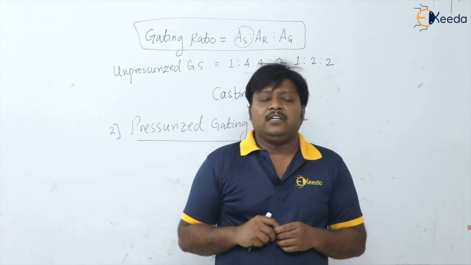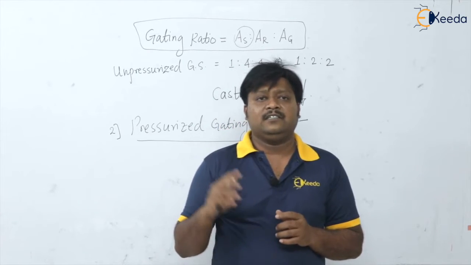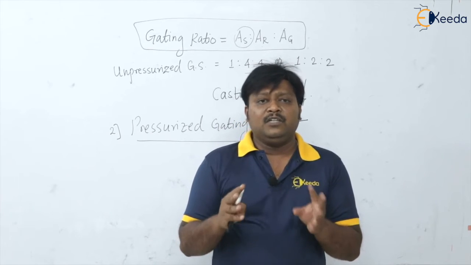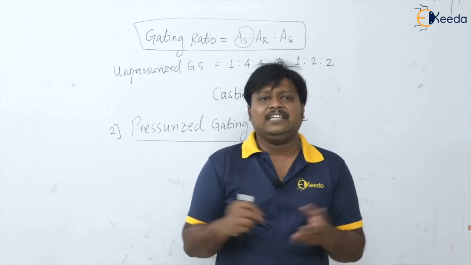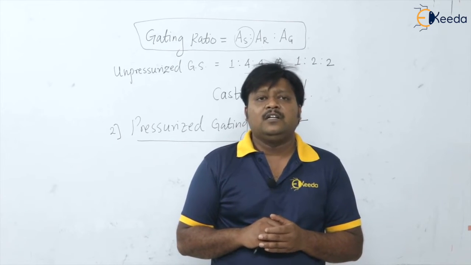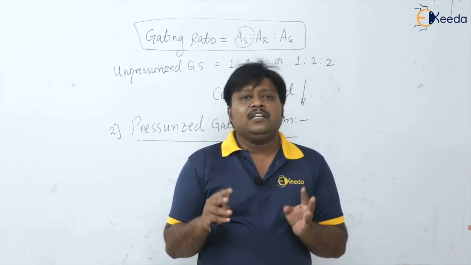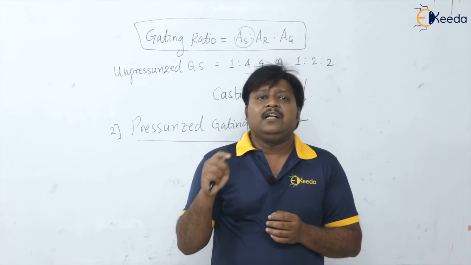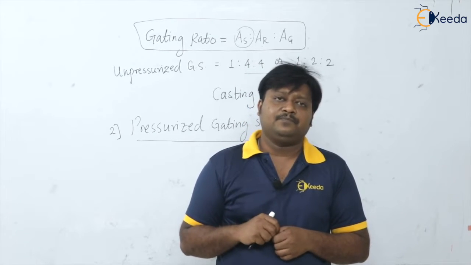So the casting yield is higher than the unpressurized gating system. Because of the turbulence and the associated dross formation, dross meaning the lighter impurities formed on the molten metal, this type of gating system is basically not used for light alloys, but can be advantageously used for ferrous casting.